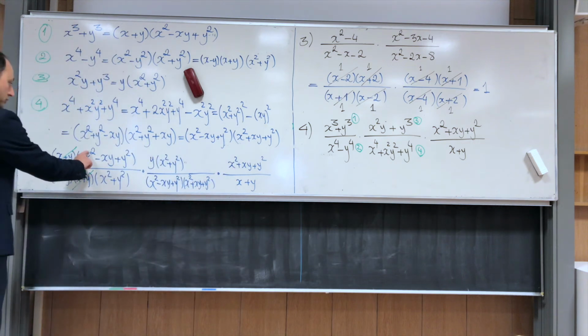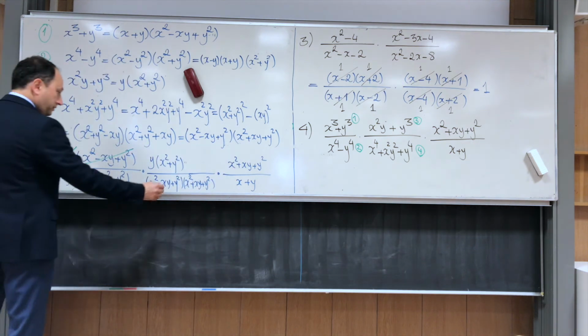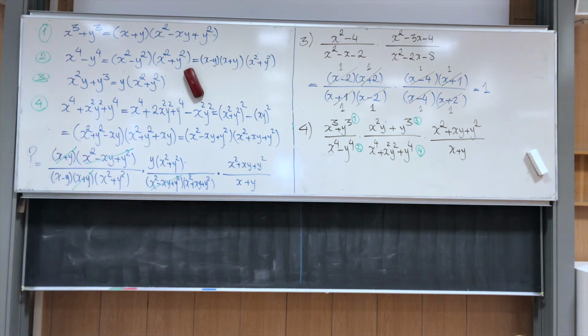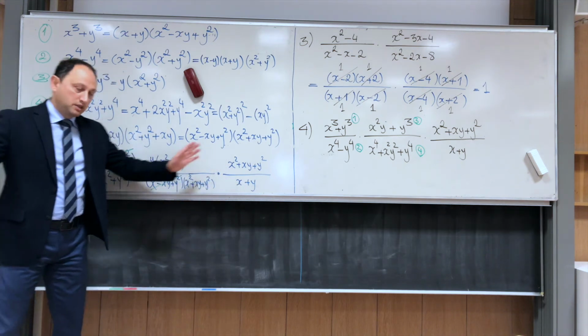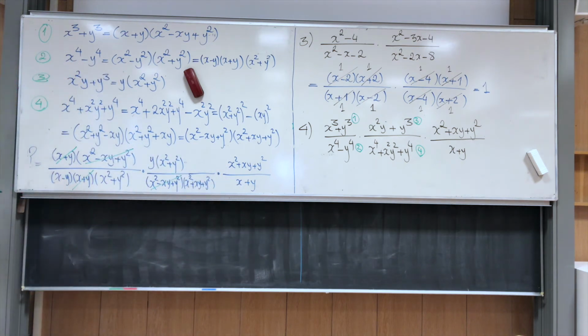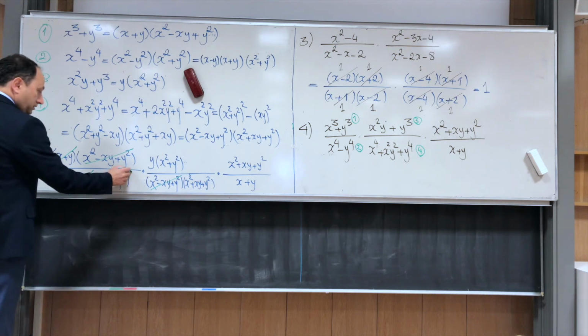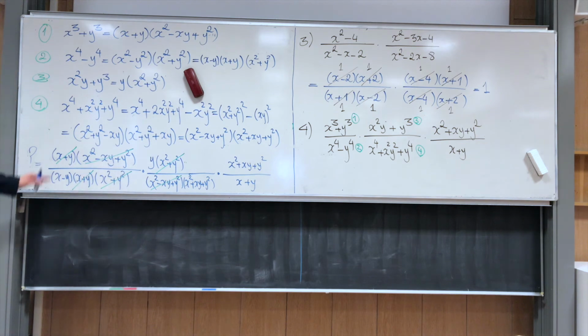But x squared minus xy plus y squared from this fraction can be simplified with this one from the denominator of that. By the way, if you like, you could simplify x plus y from here with x plus y from there. It doesn't matter. And then you see x squared plus y squared in the denominator of this one can be simplified with that one. So let us ignore just 1, 1. Everything remains 1.